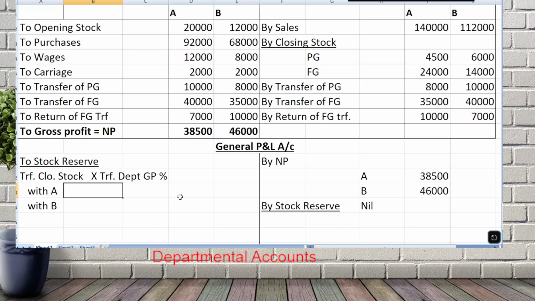What is the closing stock of A? Transferred closing stock 24,000 at 20 percent, into GP ratio. With B, how much stock will be there? 14,000 into 20%, into some GP ratio.